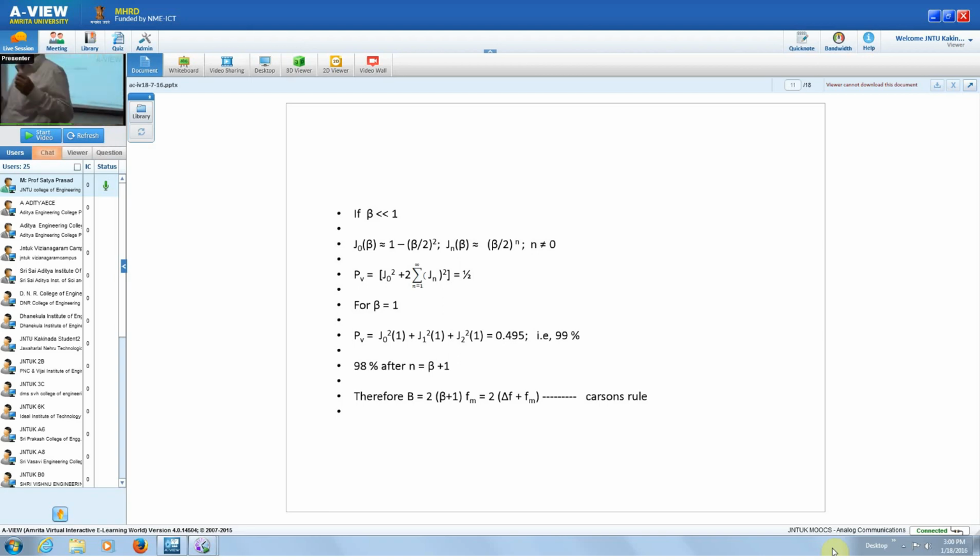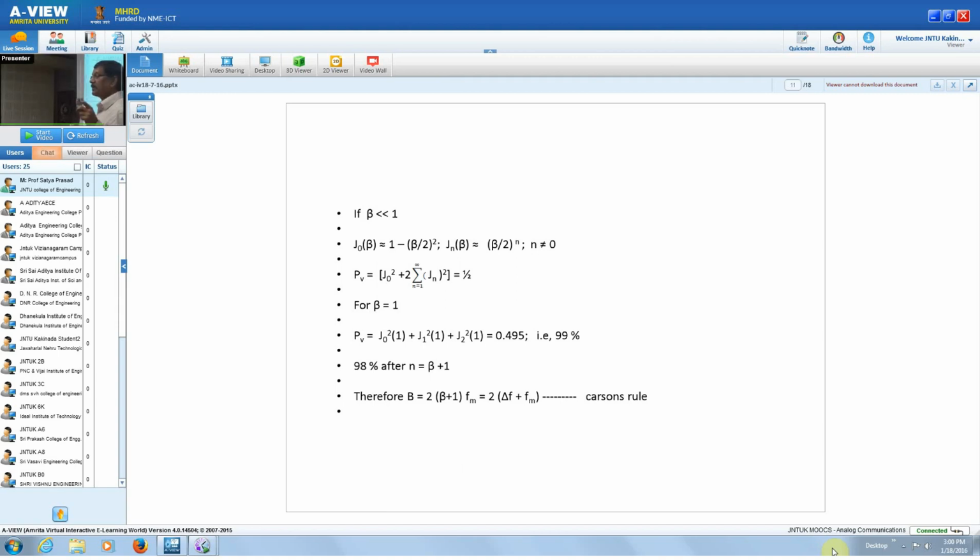When we were talking about the audio signal, we said that if you can get more than 95 or 98% of the total energy of the signal, then we can restrict the bandwidth. So here, in the case of FM, we say that if more than 98% of the signal is going to pass through the required number of sidebands, then we are going to get the required performance.